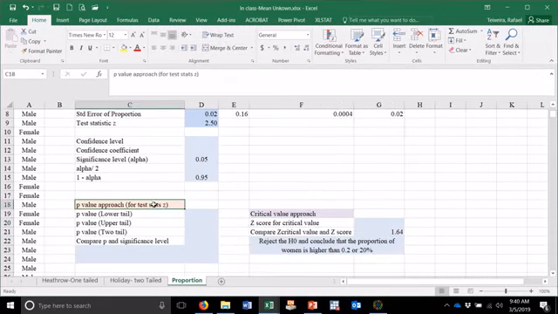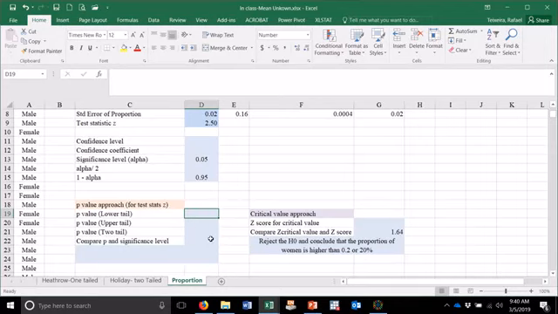Now I can use the p-value approach to solve the same problem. Now I'm going to test what's the probability that this 2.5 happens in a distribution of z. I'm not going to use the lower tail, I'm going to use the upper tail, right? So in this case, I'm going to do both so you can understand the mechanics always.